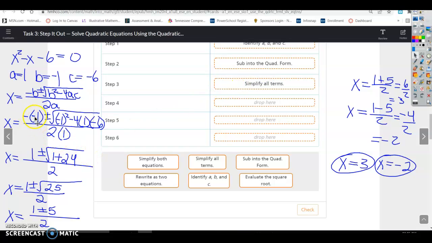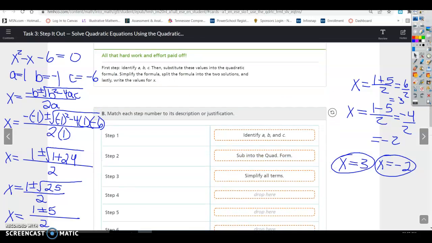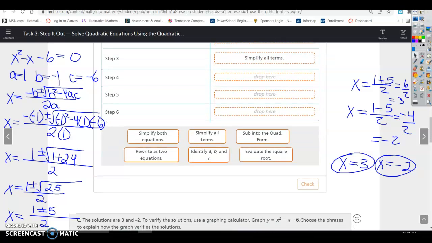Because that's when we went from negative 1 to 1. That's when we evaluated underneath the discriminant and multiplied in the denominator. So simplify all terms, which means you're going to simplify throughout the quadratic formula as much as you can. All right, step 4, simplifying the radical. Okay, they're calling it evaluate the square root.